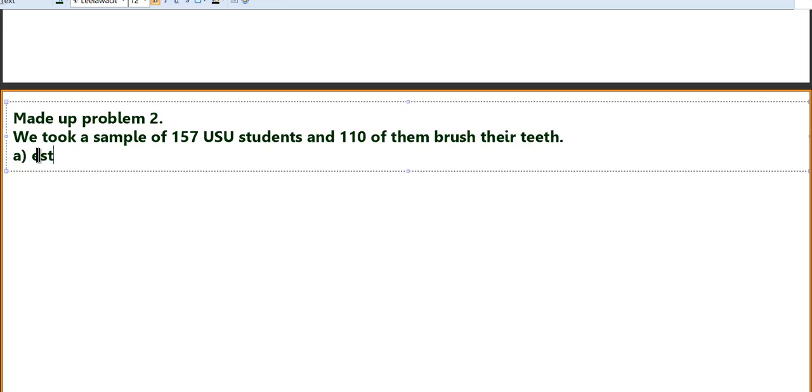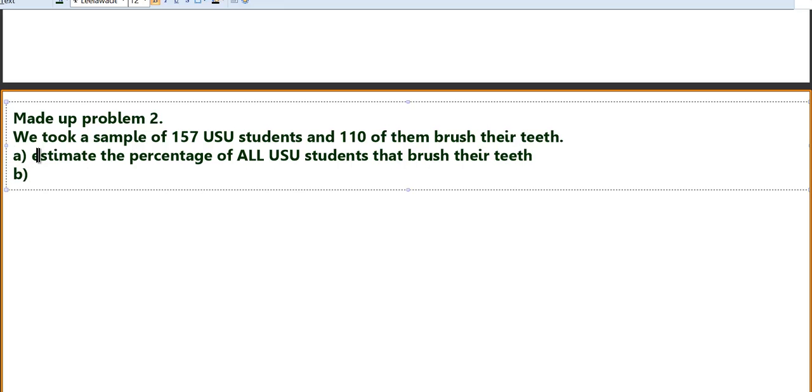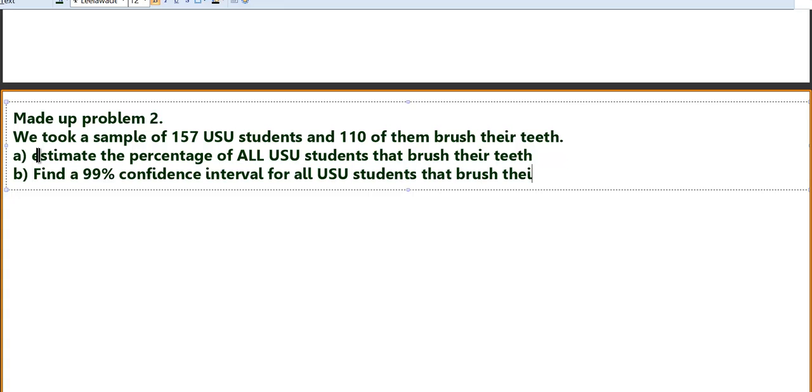For A, let's estimate the percentage of all USU students that brush their teeth. And B, let's find a 99% confidence interval for all USU students that brush their teeth.